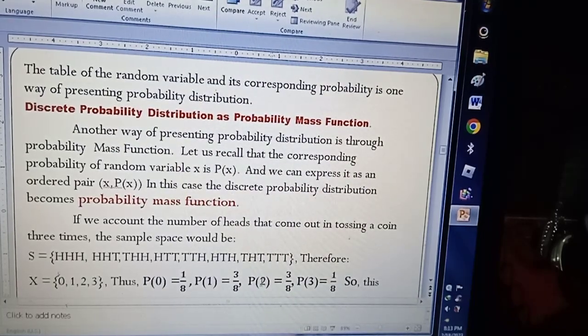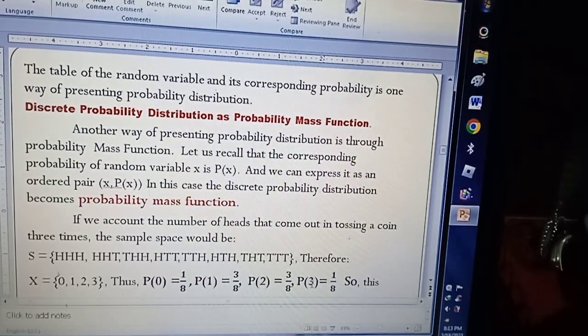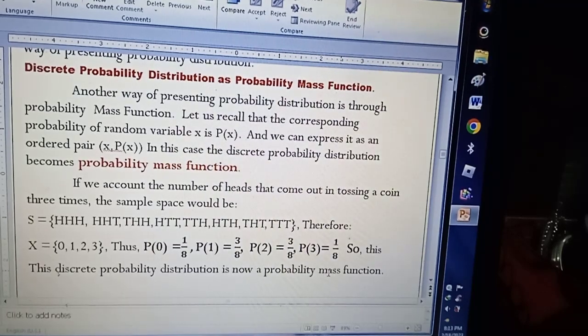And also for two heads, there are 3/8, and for three heads, there is 1 out of 8. So this is already the probability mass function. So the discrete probability distribution is now presented through a mass function.